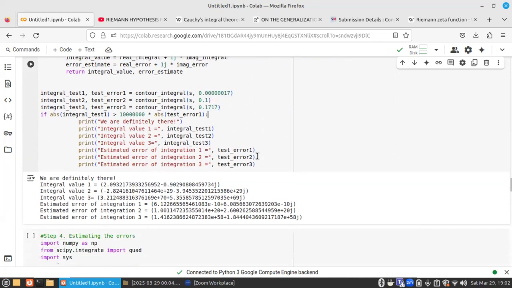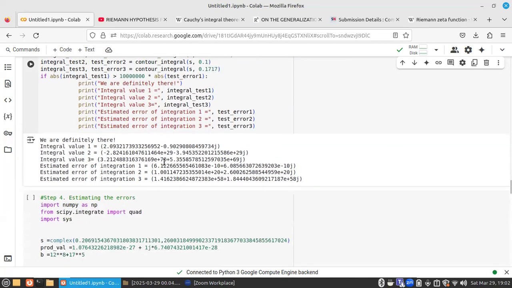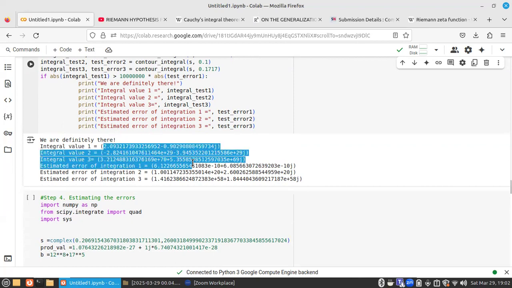As we can see, even the slightest change of radii changes the value of the integral tremendously, which suggests that there are many more zeros of the Riemann zeta function in the neighborhood of this point.